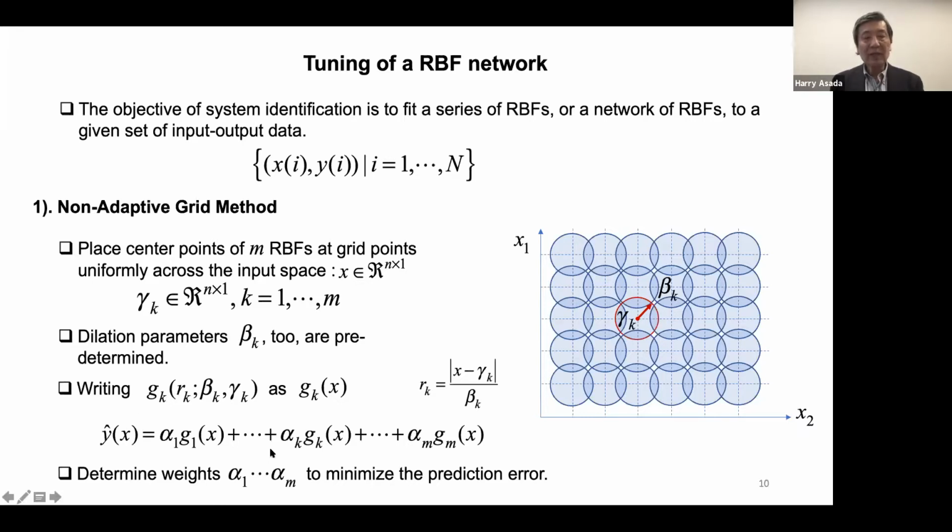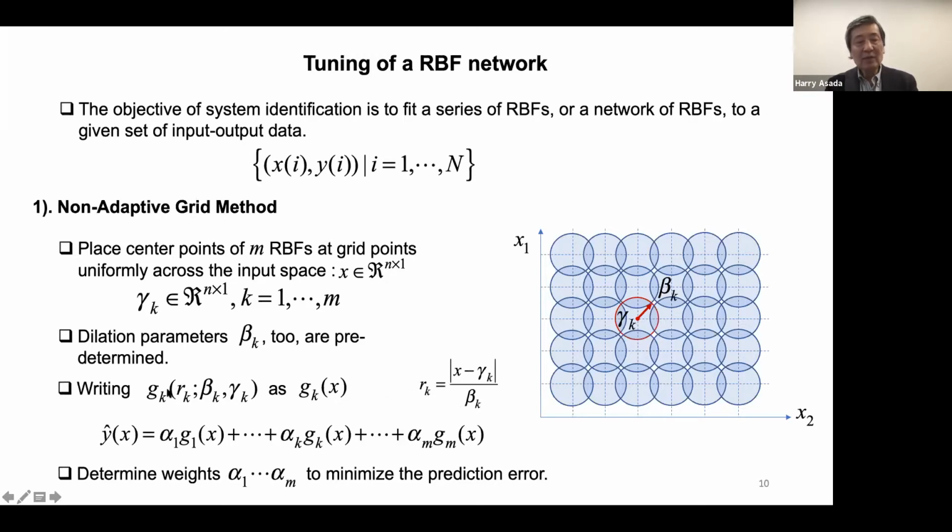This is determined to best approximate this input-output data set. So originally the radial basis function has three parameters, alpha k, beta k, and gamma k, but the beta k and gamma k are basically fixed. So with beta k and gamma k fixed, the distance r is nothing but a function of x alone.